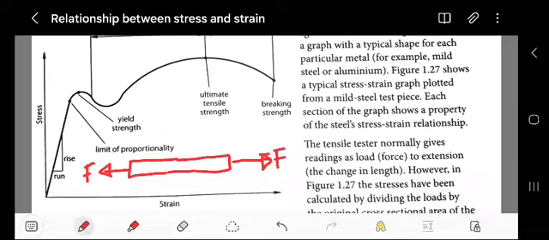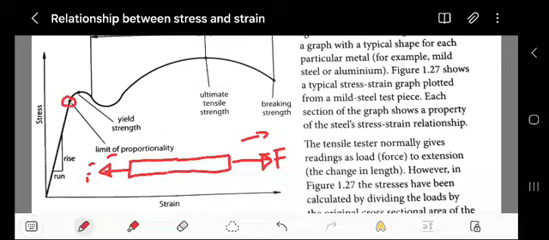Here will be the start of the point, the run. Here is the rise. Then here we'll have the limit of proportion. As you are pulling, applying a force in that direction, we'll have the limit of proportion.